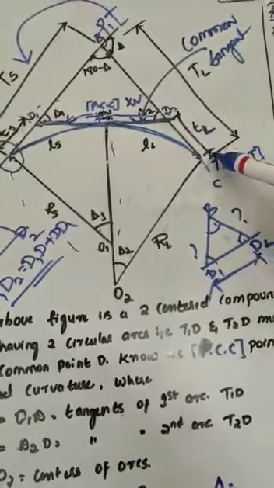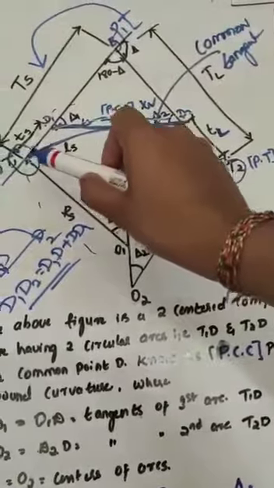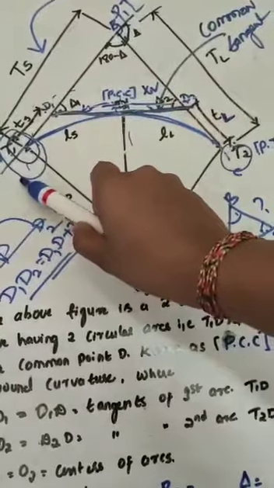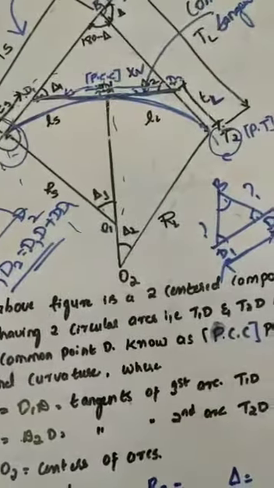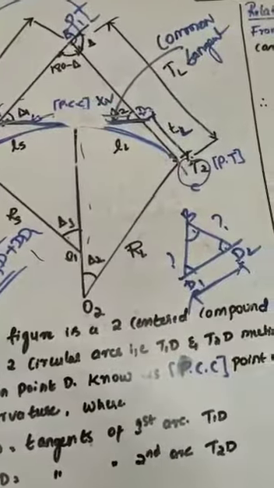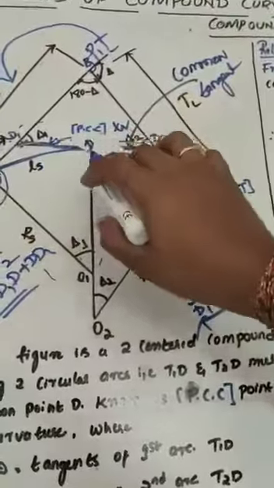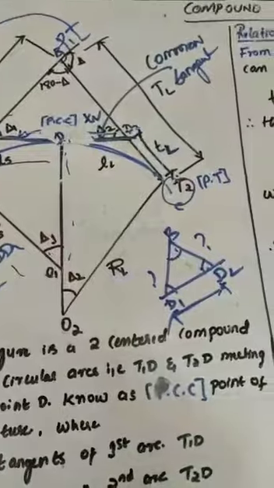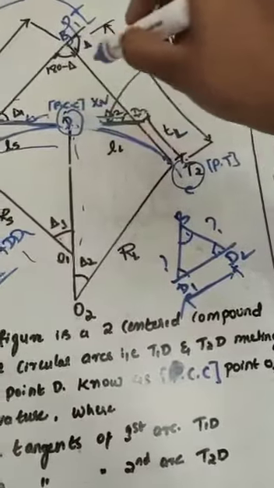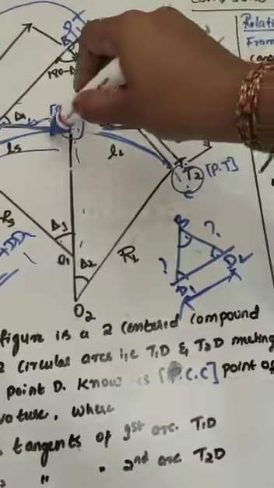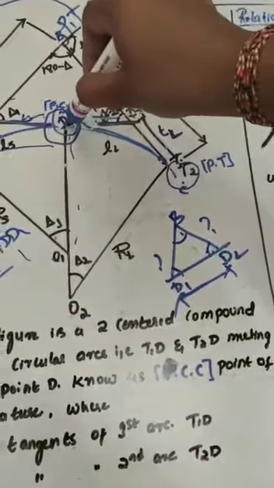Then, if we want the chainage at T2, before finding it we will find the chainage at D. Chainage at D is chainage at T1 plus small ls, that is the length of the curve. You will get this point D. After getting the point D, the chainage at T2 can be found by chainage at D plus L2, and you will get the chainage at T2.